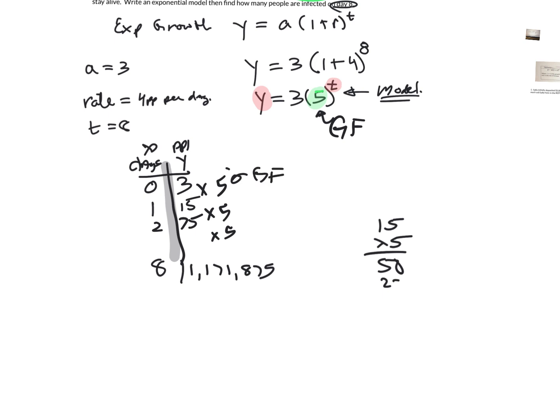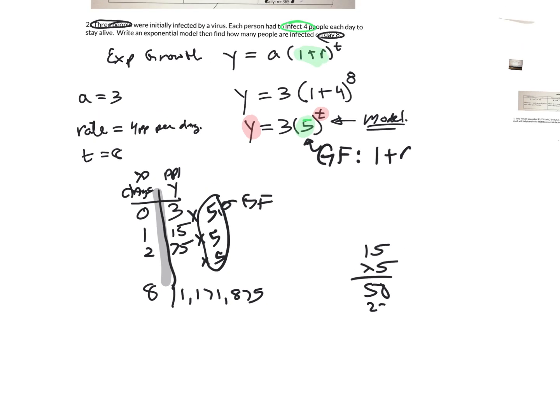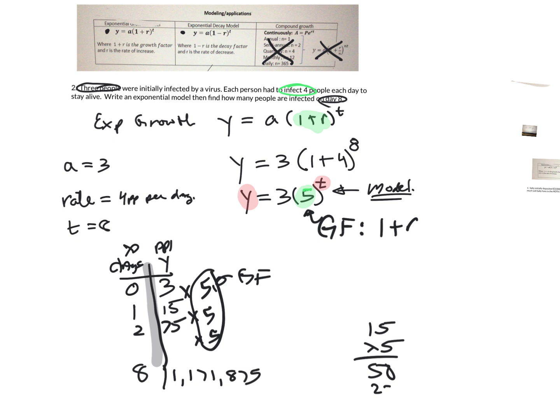So we want you to know the pattern of a growth factor. And then remember, the growth factor is equal to 1 plus r. So the growth factor is your base, and the growth factor is equal to 1 plus whatever the rate is.